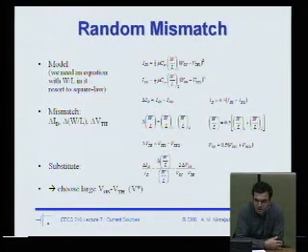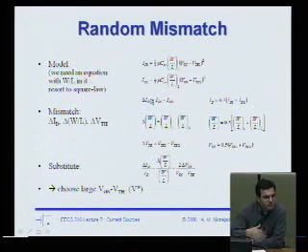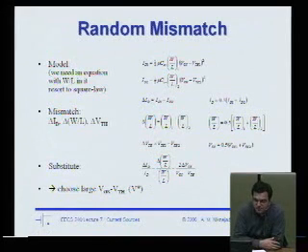What I'm interested in calculating is the variation, delta I, normalized to I. Let's say I can tolerate a certain amount of variation, 1% or 5%, depending on the application.